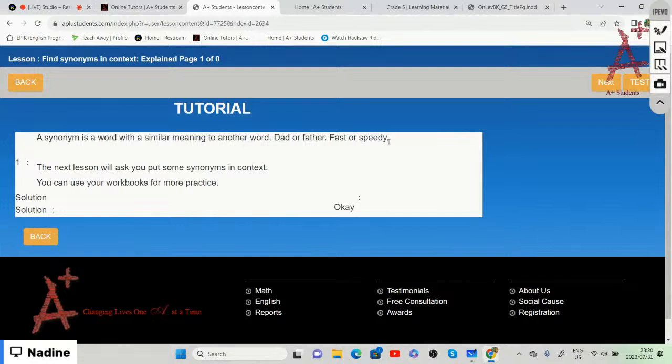He's running fast, or he is fast. Or we can say he is speedy, right? So both of these are different words, but the meanings are similar, because fast is doing something speedily, and speedy is when somebody is fast, right?